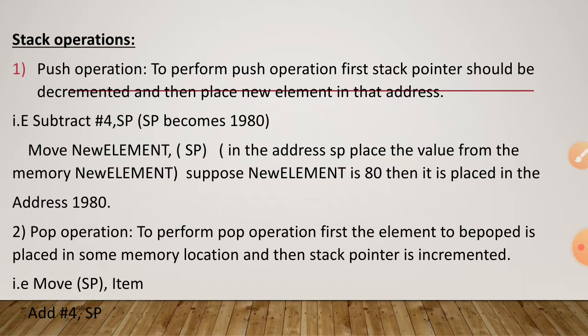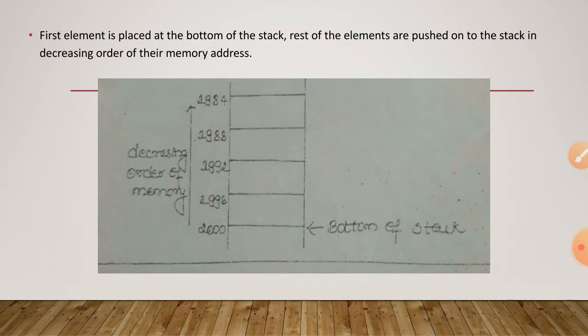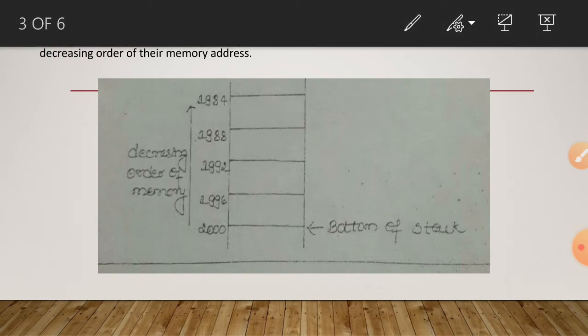Decremented in the sense that the address is decremented here. In the decreasing order of the address we insert the element to the stack. Initially the stack pointer is pointing here, that is the last element. If you want to insert any element to the stack, we have to decrement that address.